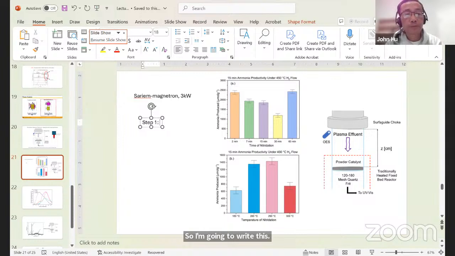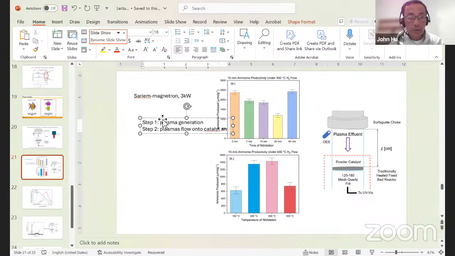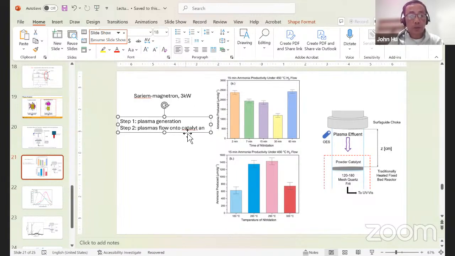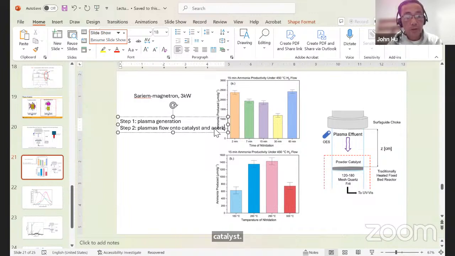Step 1: plasma generation, plasma flows onto the material and adds onto the surface.